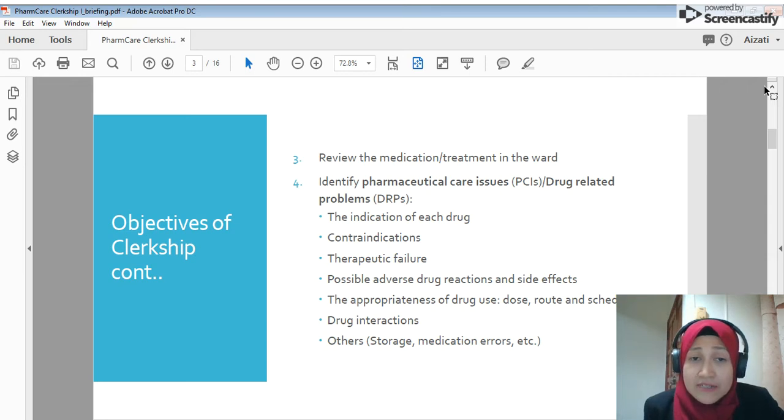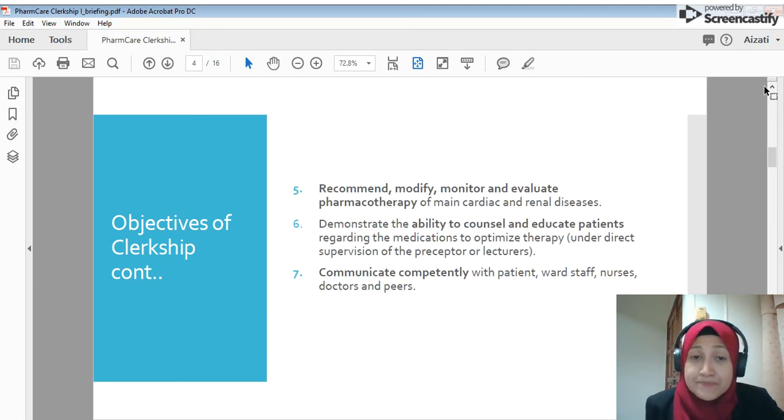Number 3 is to review medication or treatment in the ward. And number 4 is to identify pharmaceutical care issues or any drug-related problems in the case. And you also need to provide your justification and your recommendation for all the DRPs that you have identified.